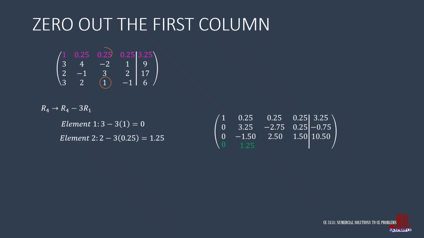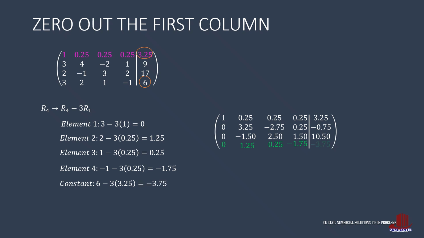The third element is 1 minus 3 times 0.25, resulting in 0.25. The fourth is then negative 1 minus 3 times 0.25, giving negative 1.75. For the constant, there is 6 minus 3 times 3.25, which yields negative 3.75.